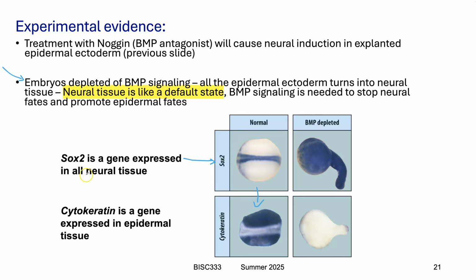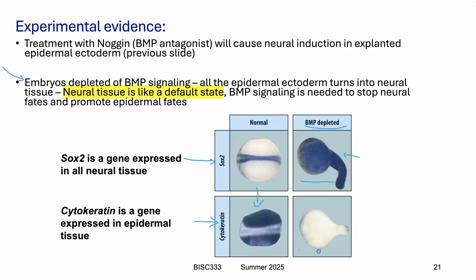So there we are. These two genes are markers, and there's certain ones that are commonly used as markers of particular tissue types. If you look at embryos that have had BMP depleted, when you get rid of BMP expression across the whole embryo, the ectoderm at least is specified as neural tissue, and that's why you get this blue color everywhere.